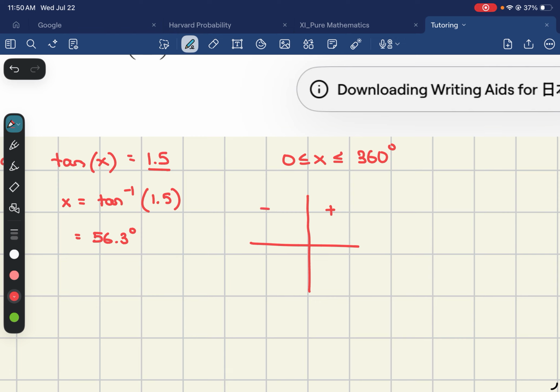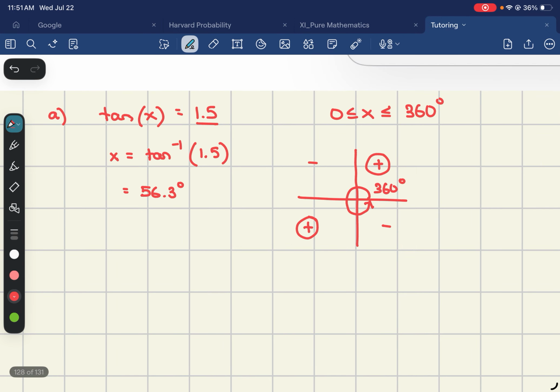Tan is negative in the second quadrant, since only sine and cosecant are positive there. Tan is positive in the third quadrant, and it's negative in the fourth quadrant. So when you go around 360 degrees, or 2 pi, you see that tan is positive in the first and the third quadrant. So you actually have two values for which tan of x is 1.5. So how do you get the other values?